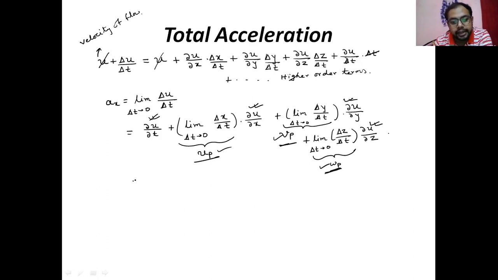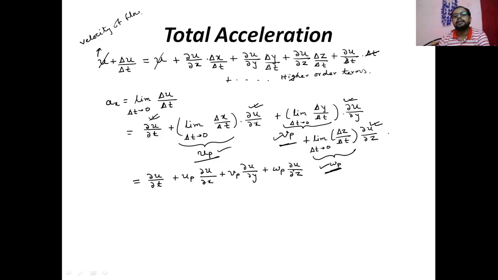So rewriting this equation, it is getting like this: del U del T plus UP, the particle velocity along the x-axis, particle velocity along the y-axis, this is the particle velocity along the z-axis. This is the Ax, the acceleration along the x-axis.